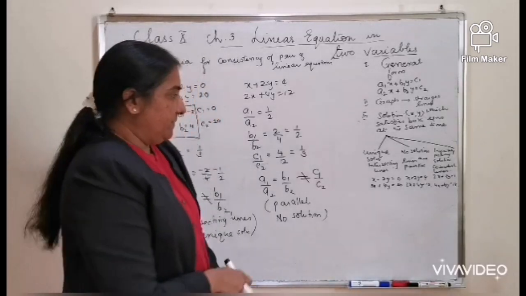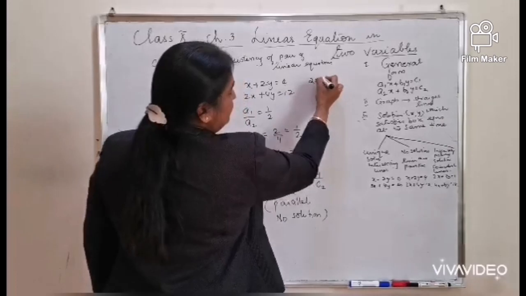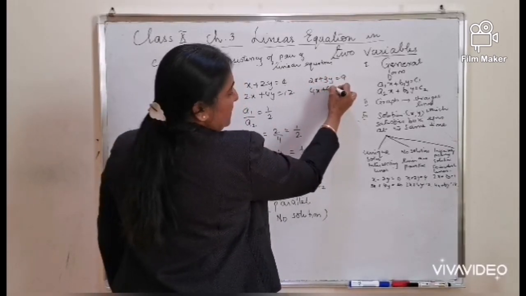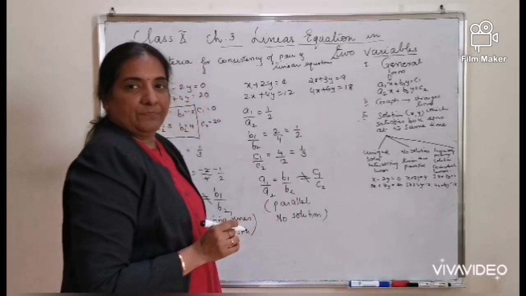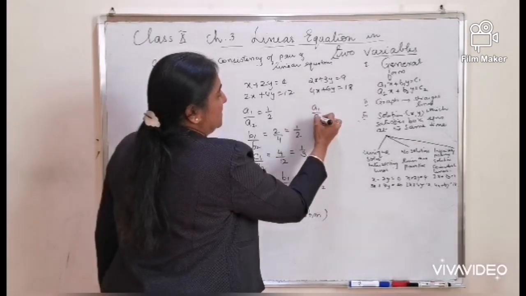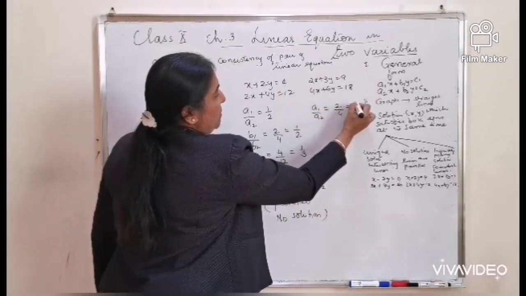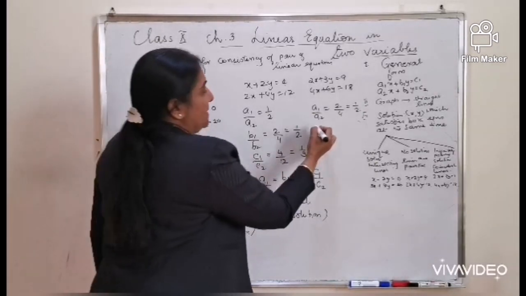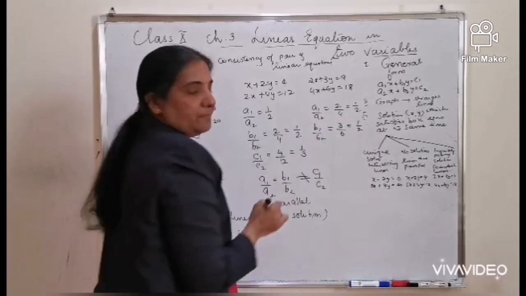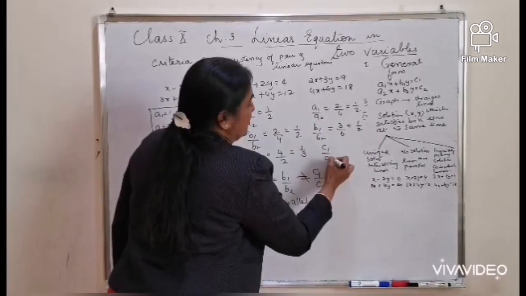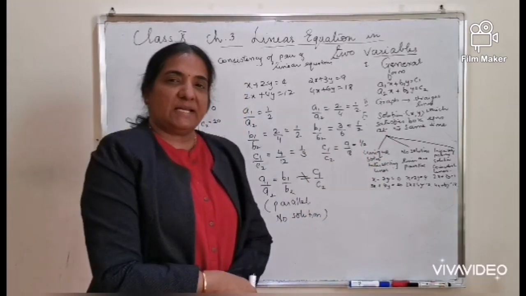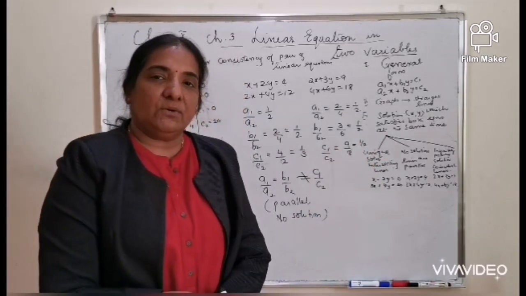Taking the third pair, 2x plus 3y is equal to 9 and 4x plus 6y is equal to 18. Compare the values of the ratios. a1 by a2 gives you 2 by 4, 1 by 2. b1 by b2 is equal to 3 by 6, 1 by 2. c1 by c2 is equal to 9 by 18, 1 by 2, which proves that all the three ratios are equal.